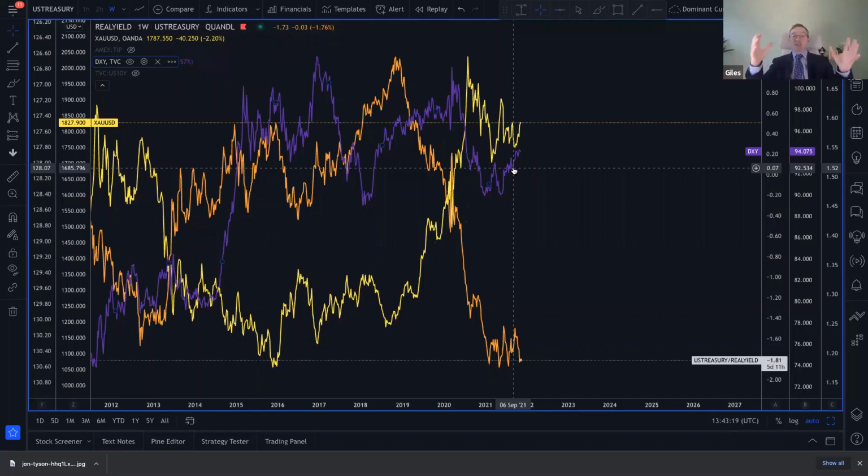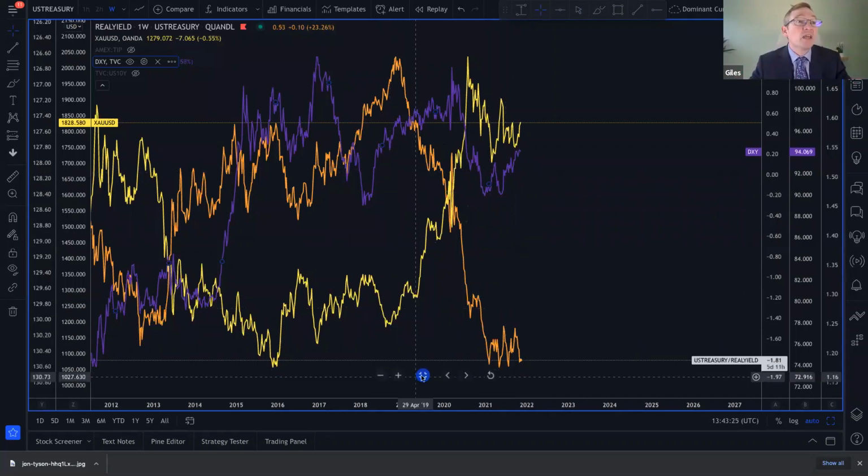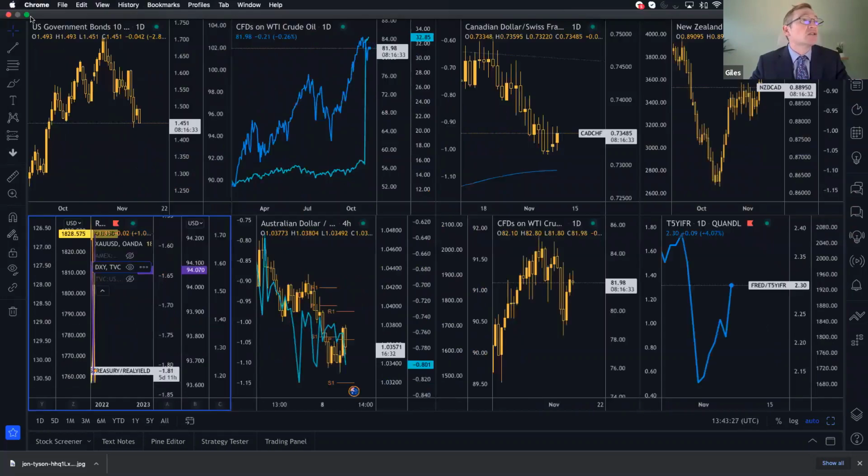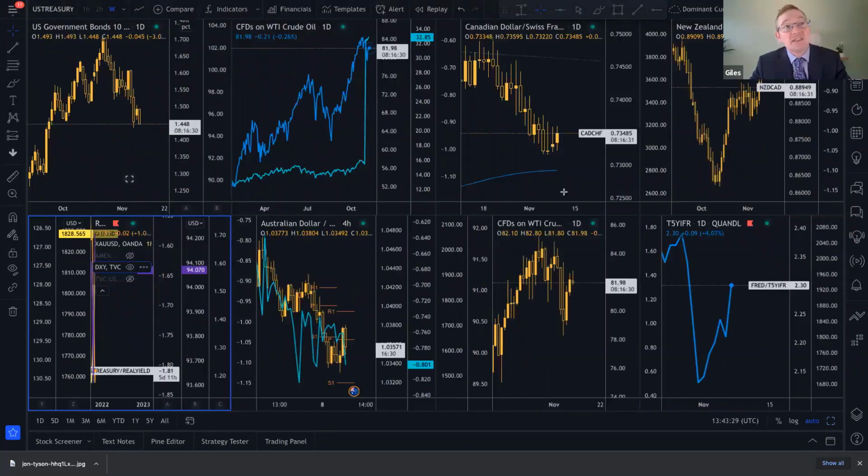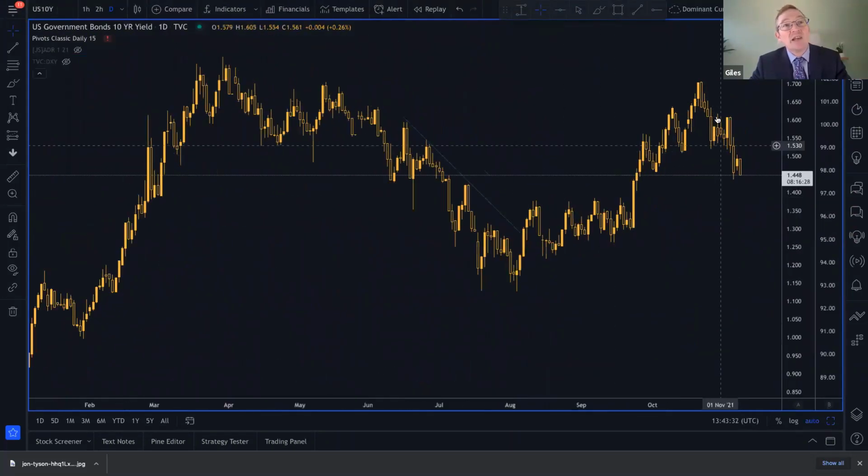So fundamentally, the situation for gold is very good. Real yields are dropping, and you can see the constant move lower. And even today, look, 10-year bond yields moving lower again. They're just chipping their way lower and lower. Inflation, whereas, remains elevated. We've got inflation out of the US tomorrow.